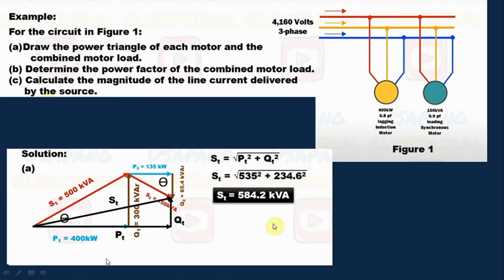Next is the hypotenuse of the triangle formed with the total power, which is our apparent power.